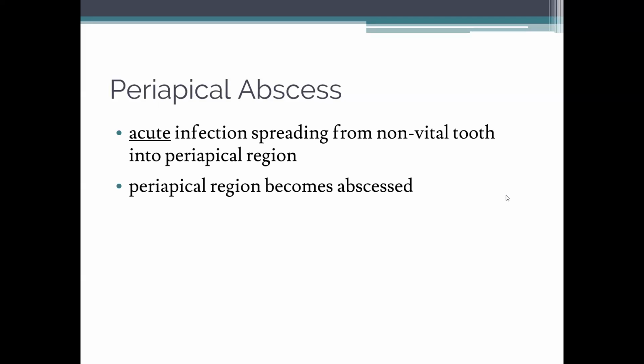The bacteria are out the apex. Their acid byproducts are out the apex. So that's now involving the periapical region, so it becomes an abscess. This is what we call a hot tooth. It's not a Brad Pitt tooth. It's a hot tooth, meaning it hurts.